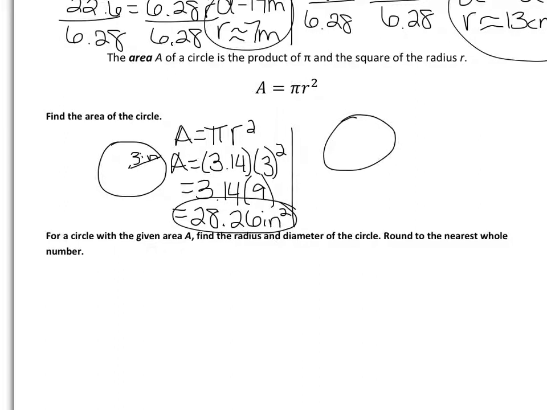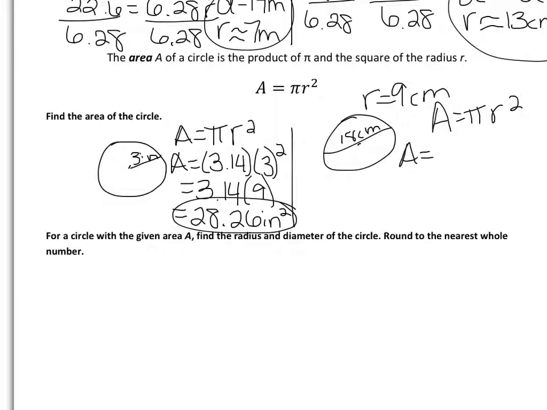Okay, let's look at this one where I have this dimension as 18 centimeters. Now, I really, really hope that the first thing that you notice is that I am not given the radius. I'm given the diameter. So I don't want all the way across the circle. I want from the center of the circle to the outer edge. So if my diameter is 18 centimeters, that means that my radius is half of that. So it is 9 centimeters. So we are going to use r equals 9.